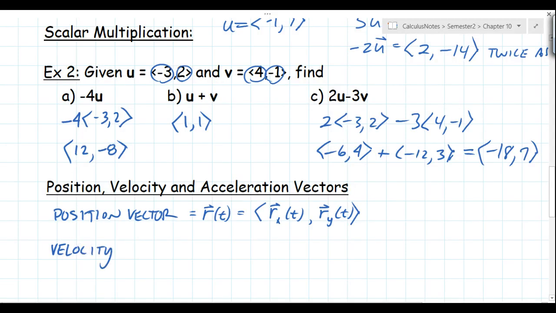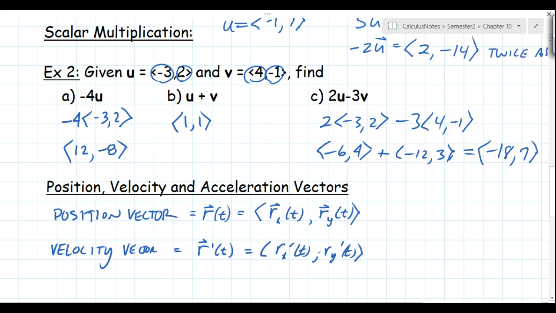We took the derivative. So the velocity vector, we just take the derivative of the position vector. So that's r prime of t, and so that is r sub x prime of t, r sub y prime of t.